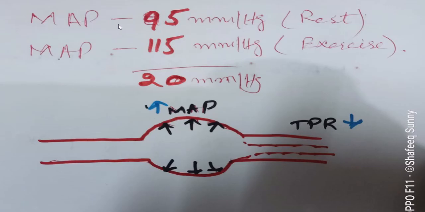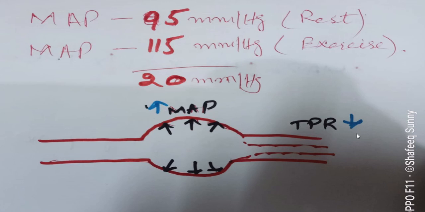The mean arterial pressure at rest is 95. Mean arterial pressure after the exercise is 115. The difference is 20 millimeters of mercury. Mean arterial pressure keeps increasing.